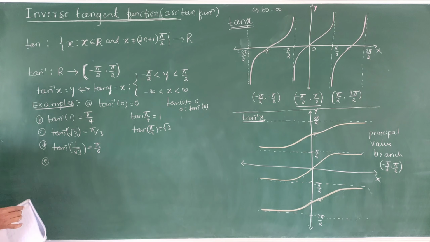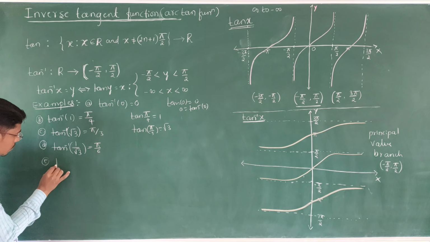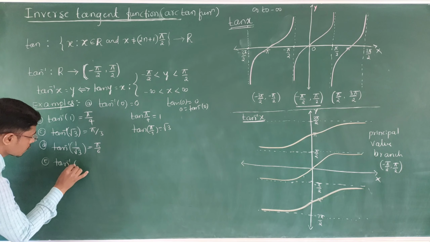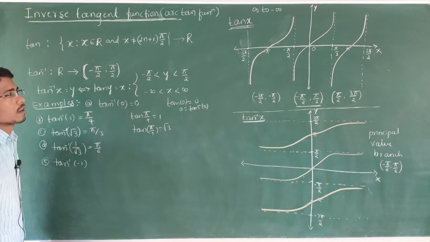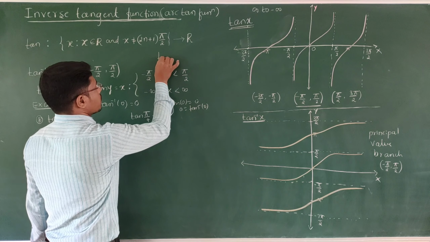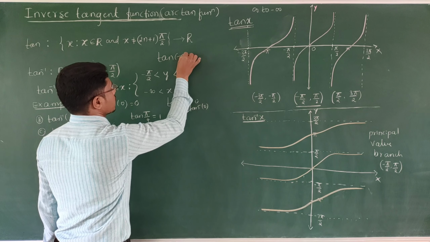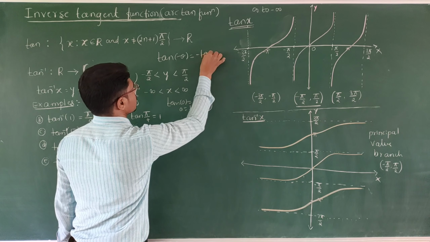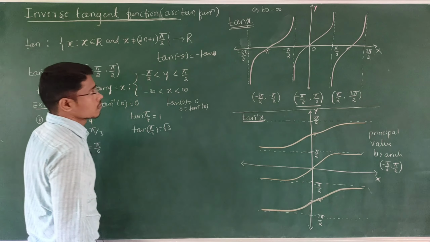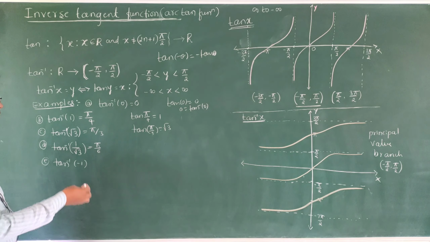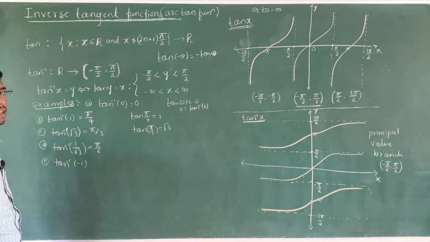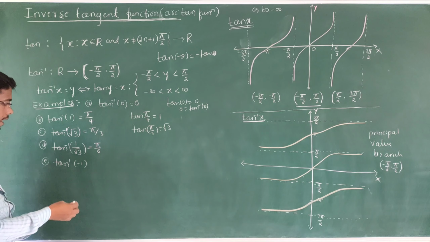Next, E, tan inverse of minus 1. See here, tan of minus theta is minus tan theta. So there is no problem doing the problems of minus angle in tan, we can write it directly.